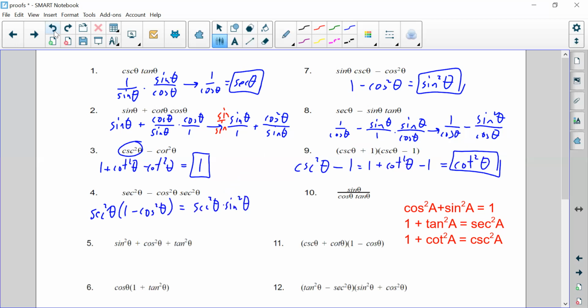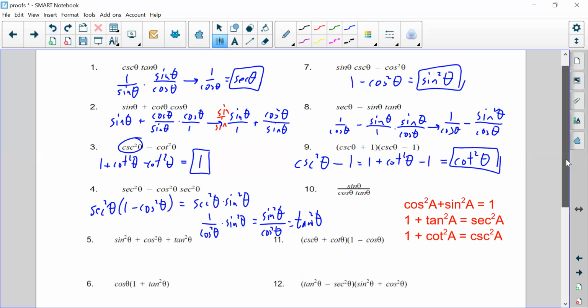You see that that's tangent squared? Secant is the same thing as 1 over cosine. And this ends up being sine squared over cosine squared. And that is tangent squared. So for number 4, tangent squared. I'll get back to number 10 in just a second.